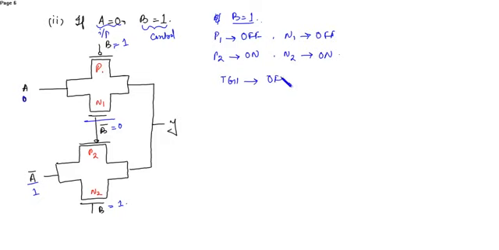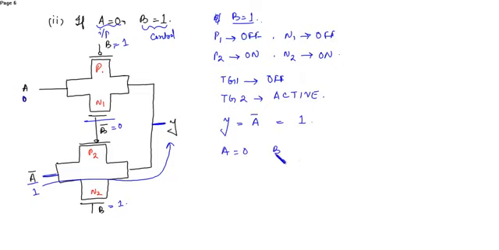Transmission gate 1 is off or cannot conduct, and transmission gate 2 is active now. So when the transmission gate is active, Y will be the same as the input, that is A bar. Whatever the value is at the input will be obtained at the output. So here A bar is obtained at the output.